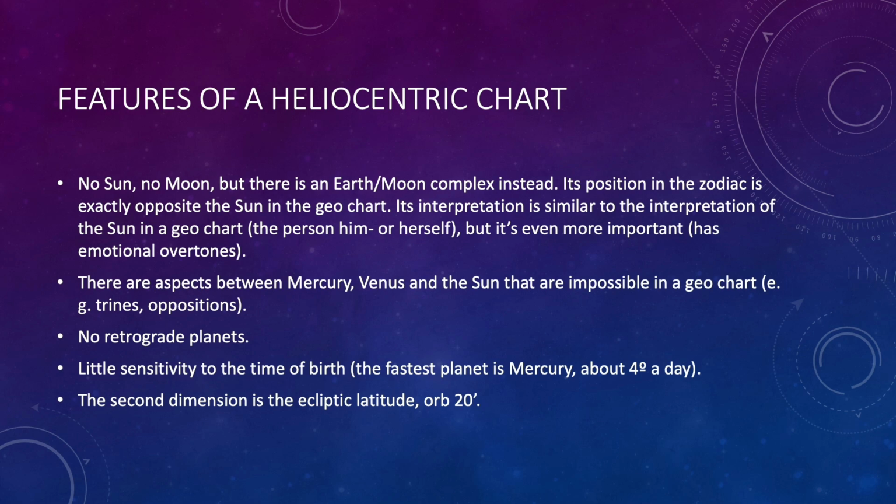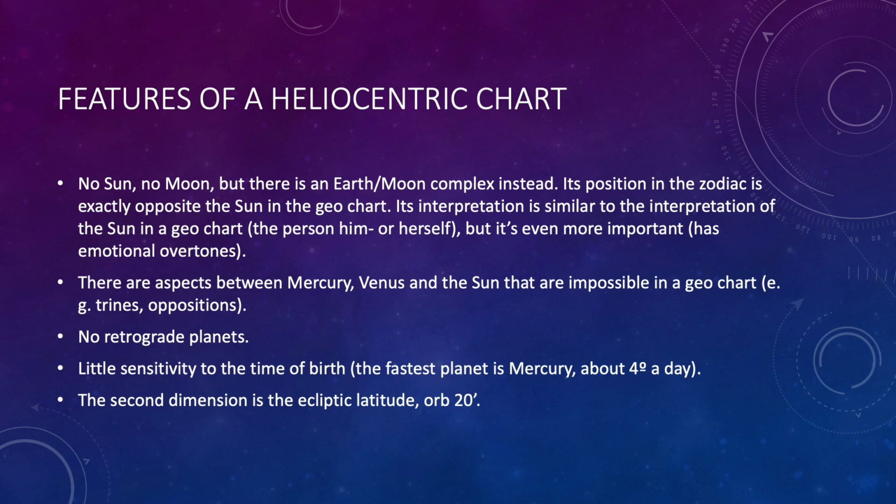Finally, there is a difference in the second dimension that we use to precisely locate planets in the sky. In geocentric astrology, we use declination for this purpose, and the aspects of declination. In heliocentric astrology, declination isn't available, so we use the ecliptic latitude.